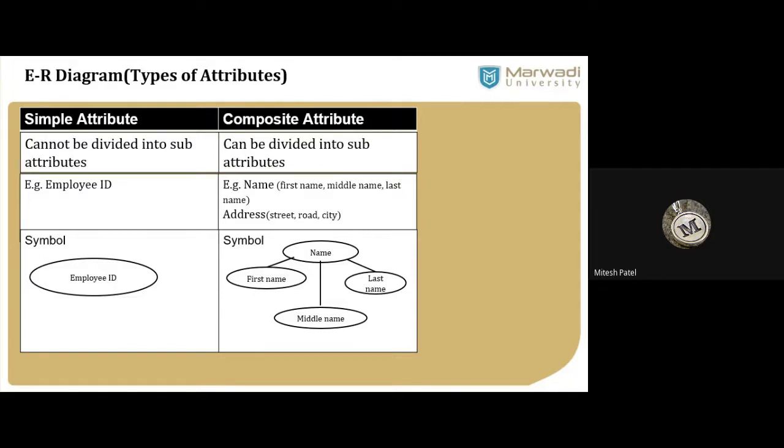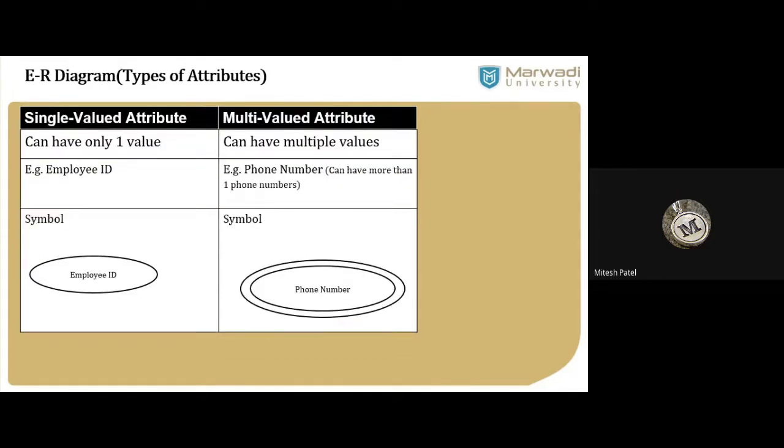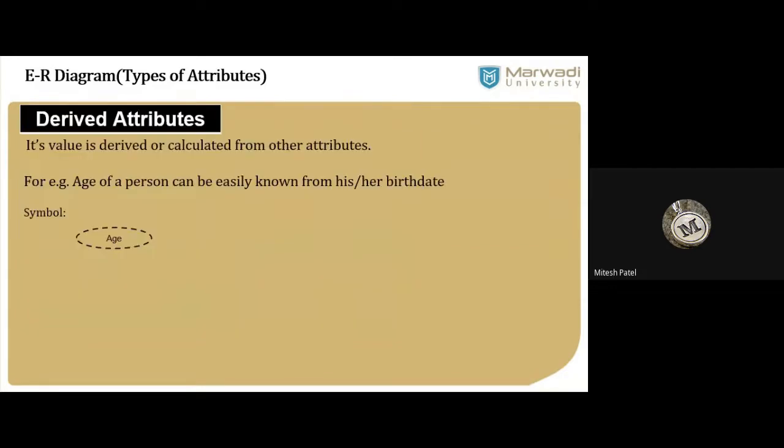Clear? Next, single valued attribute, simple. Multi-valued attributes will be represented as a double oval. Next, derived attributes: it means the value will be derived or calculated from other attributes, and it is represented by a dashed oval.